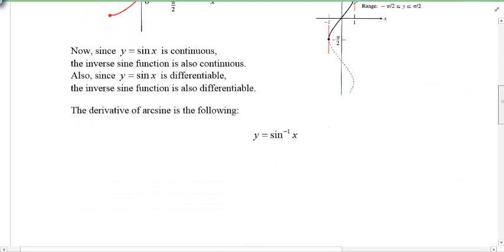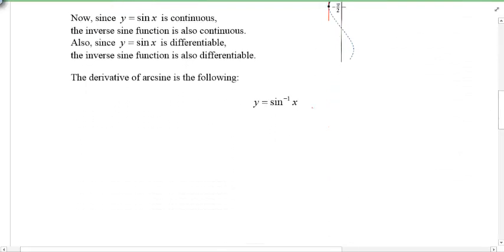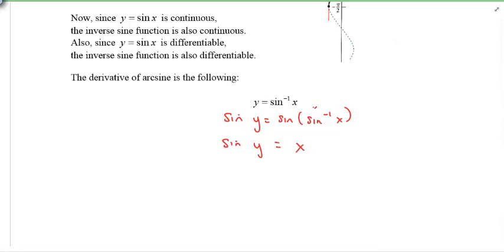Here are my graphs again. So let's go ahead and find the derivative of arcsine. To do this, what I would like us to do is apply sine to both sides. Sine of arcsine, and of course that just gives us sine y equals x. Remember what we did earlier?